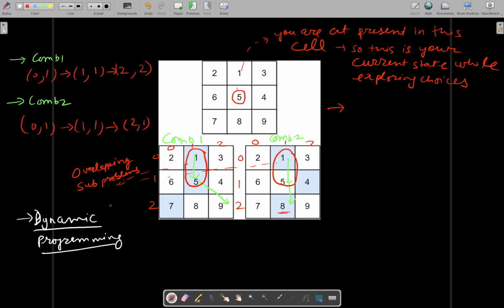Storing the results and using those results to make up the solutions of some bigger subproblems, and at the end you will have your final result.